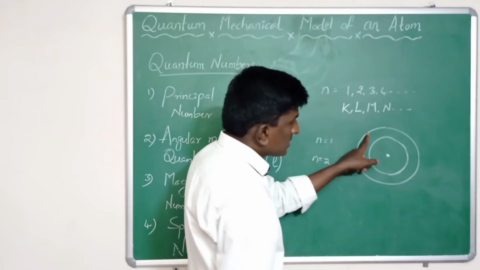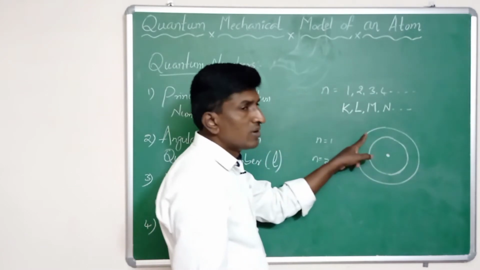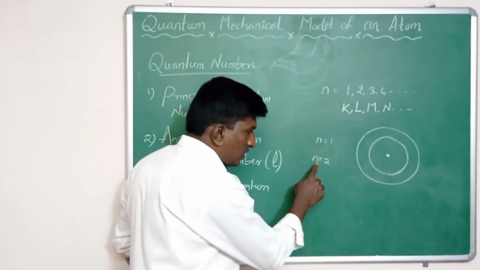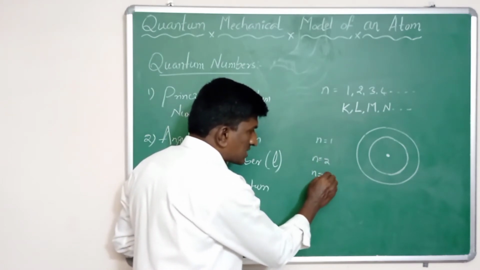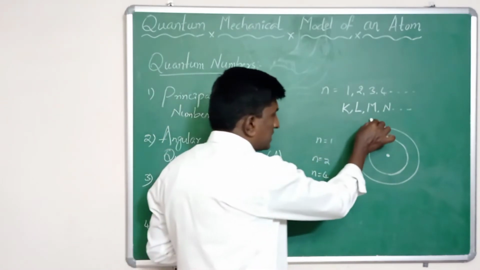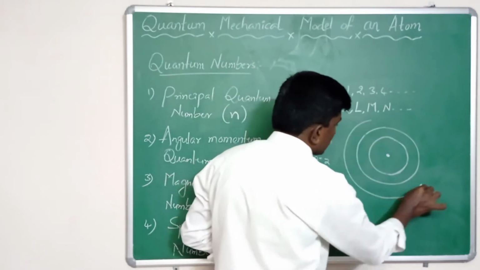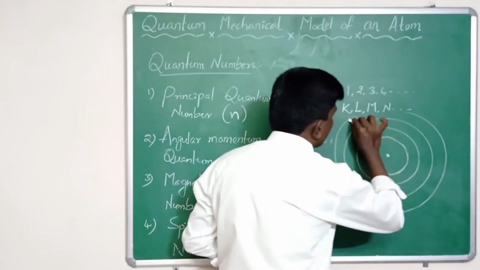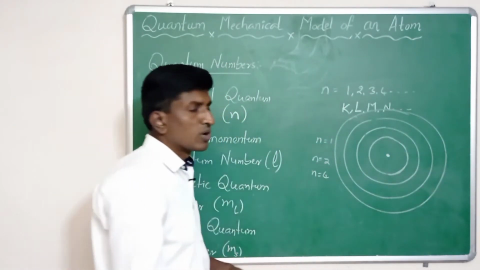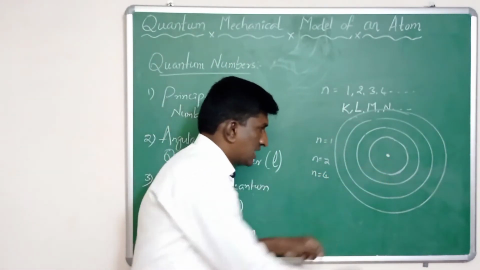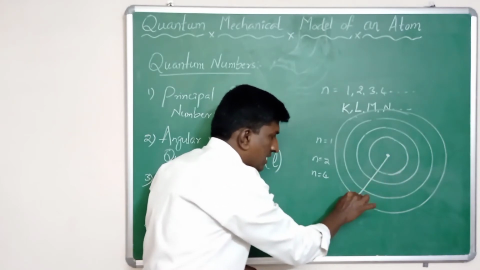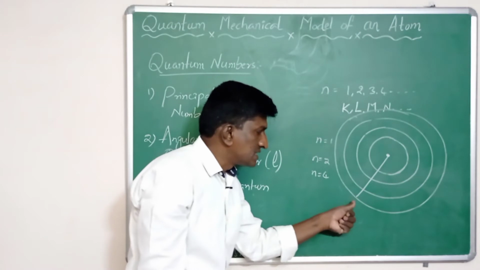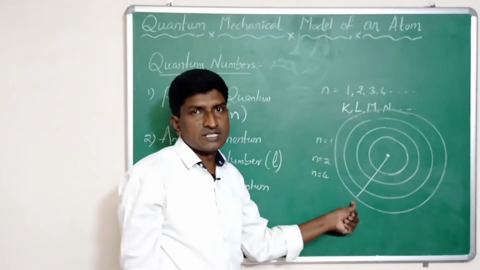The orbits away from the nucleus have higher energy. As the value of n increases, for example n equal to 4, then that atom has 4 orbits. So its atomic size is increasing, and as the orbits increase, its energy also increases.